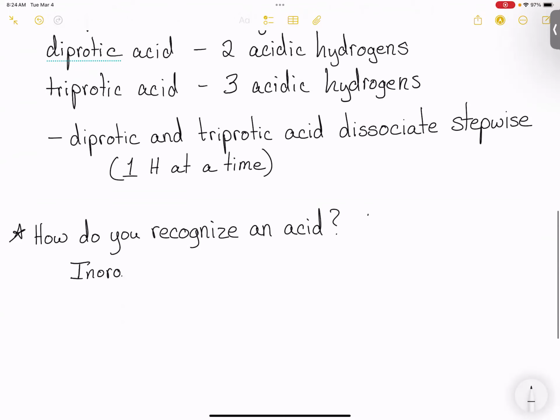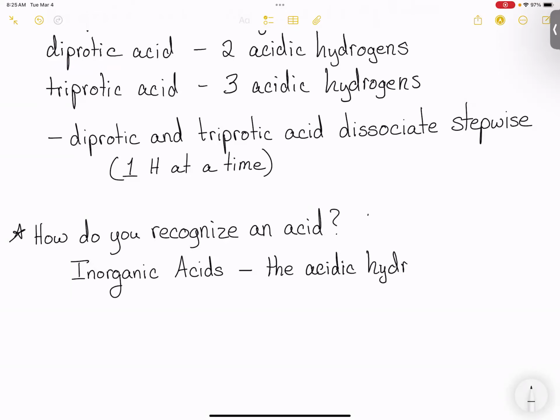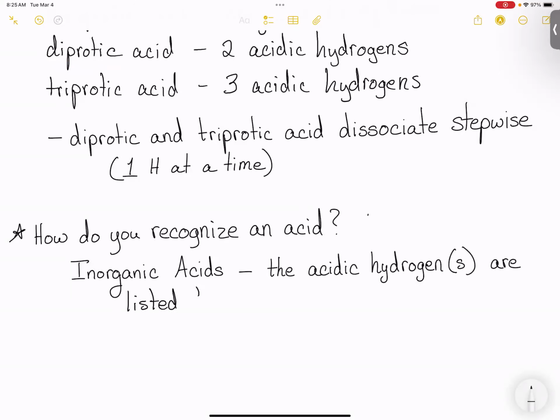For inorganic acids, which is the majority of types of acids you will deal with in this course and in College Chemistry 1 or General Chemistry for Health Sciences, the acidic hydrogens are listed first in the formula.